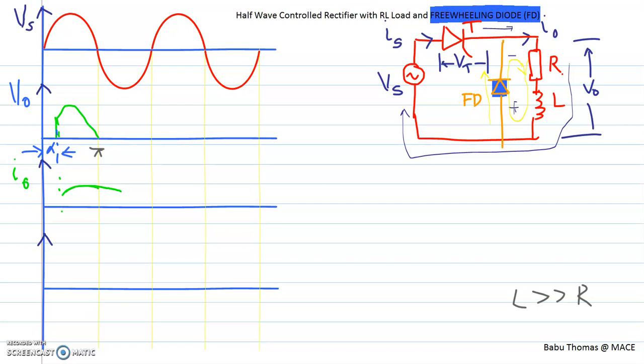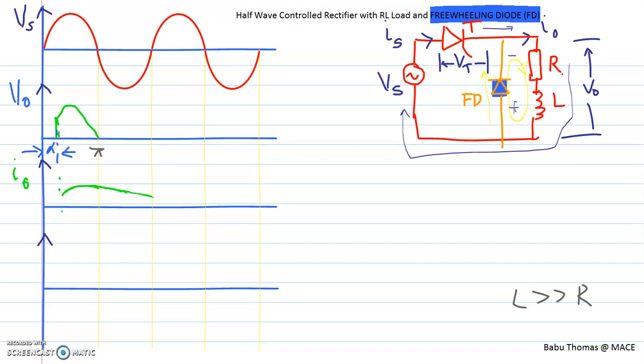And now, since your inductance is very large, it will be discharging like this and reaching this particular point. Because of this switching action, whatever energy is stored in the inductance is discharged through the freewheeling diode.